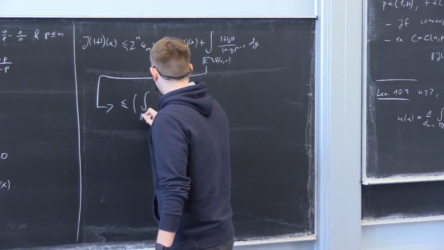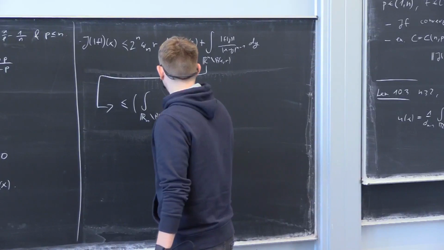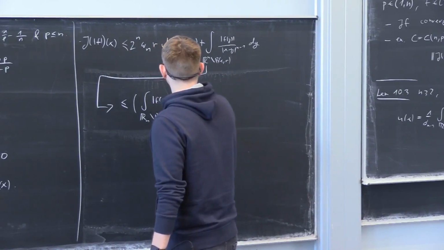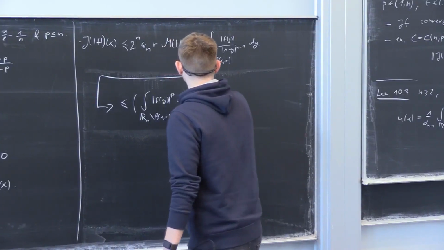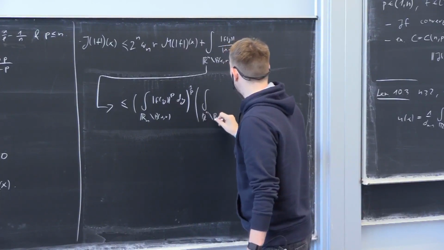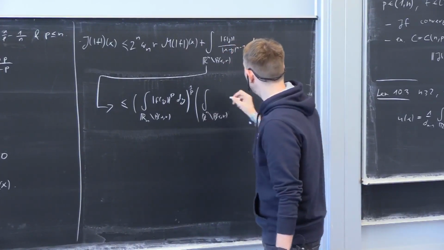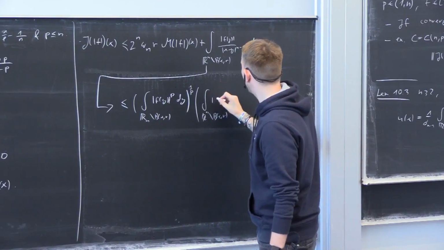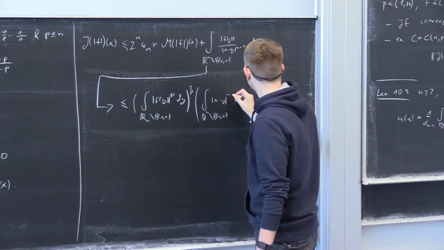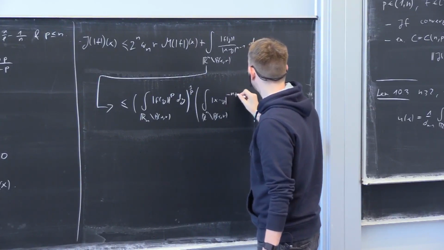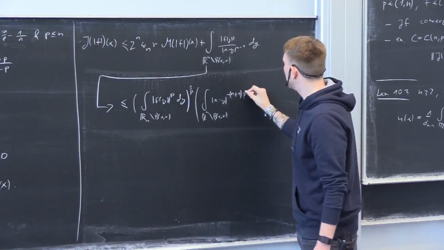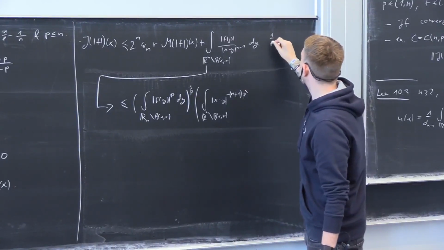So this is then less than the integral over R^n without B(x,r) of |f(y)|^p dy to the power 1 over p, and then I get the integral over R^n without B(x,r), where I just keep the kernel, so I have |x minus y|^(-(n-1)), and the whole thing to the power p prime, dy, to the power 1 over p prime.